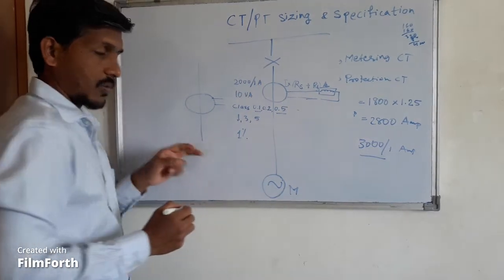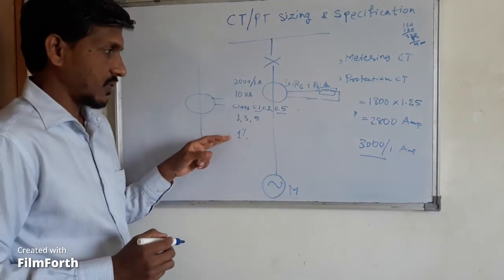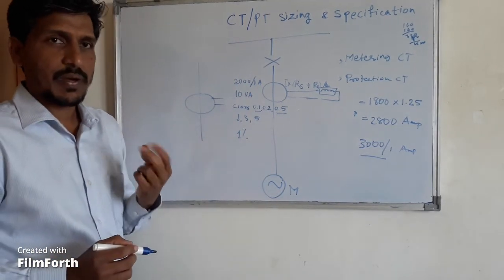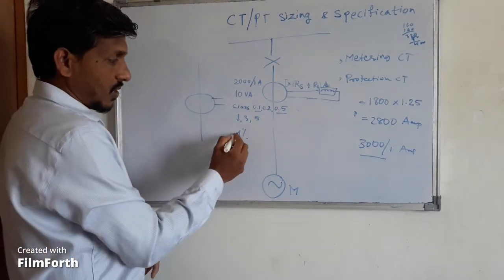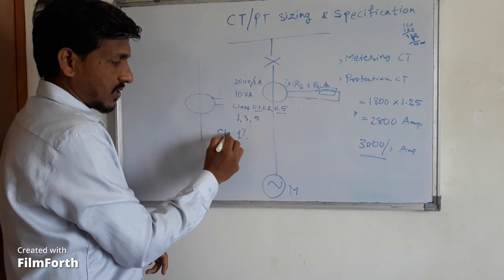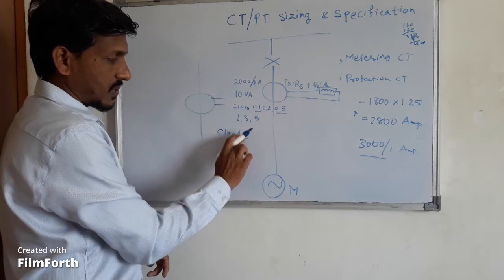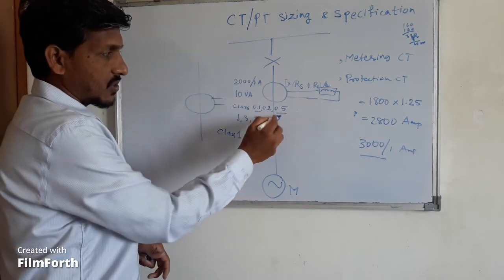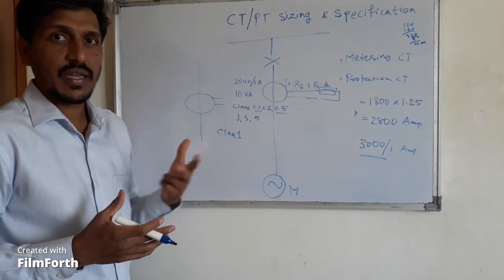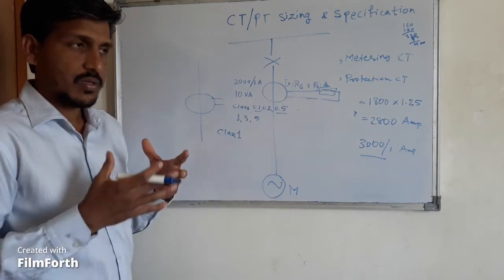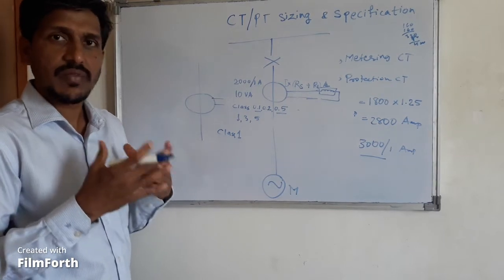Normally in industrial metering, if you see a cement plant or any petrochemical plant or any oil and gas refinery, wherever in the plant section, they use a class 1 CT, because 1 means 1% error. And if you see any energy company that wants to measure energy, there the precision and accuracy is very important.